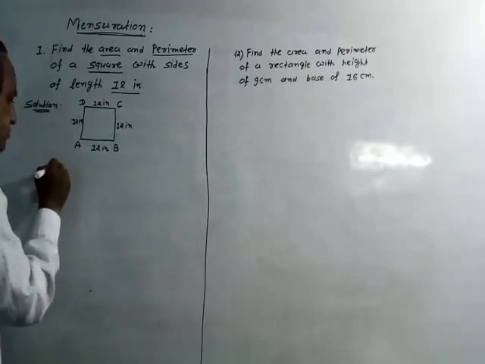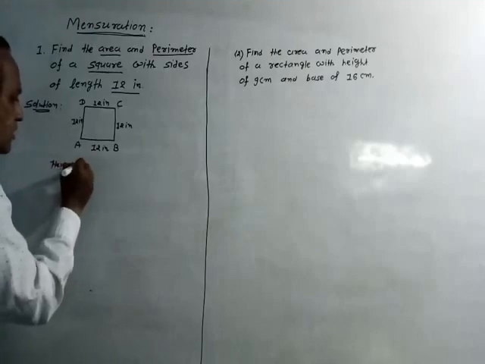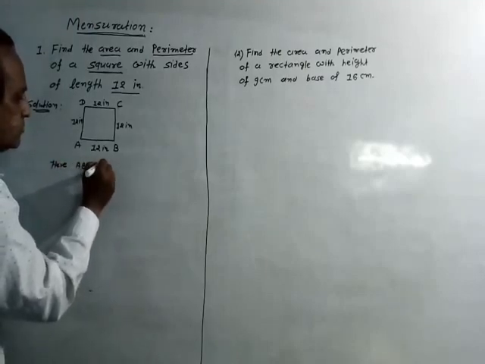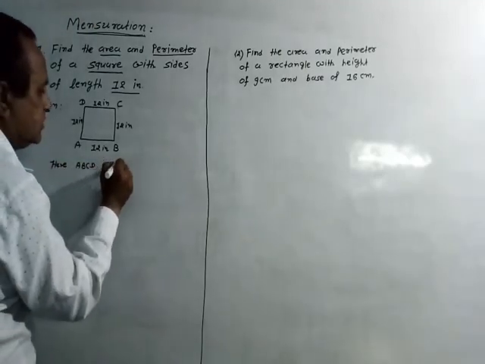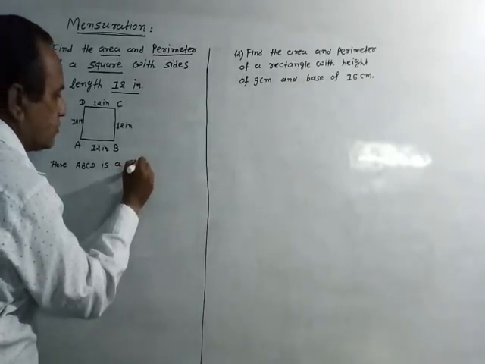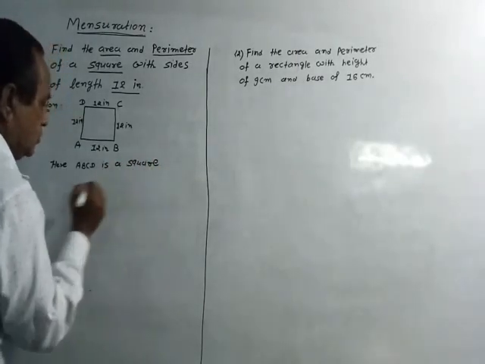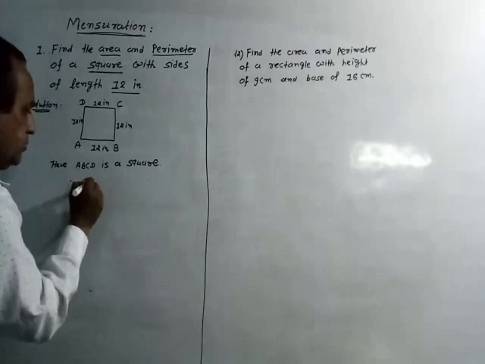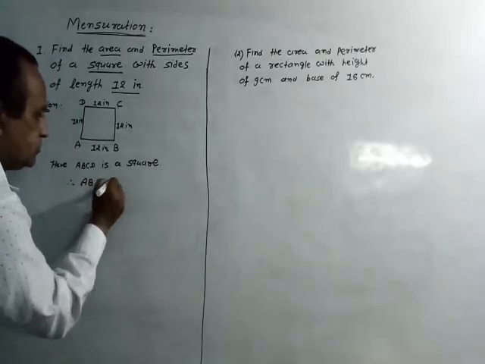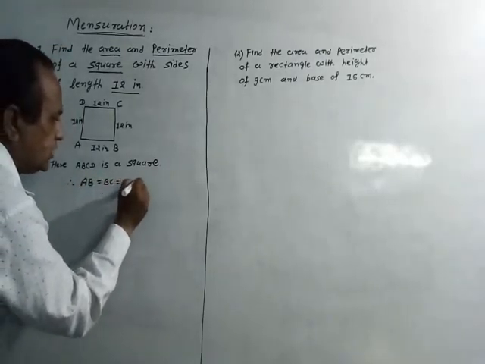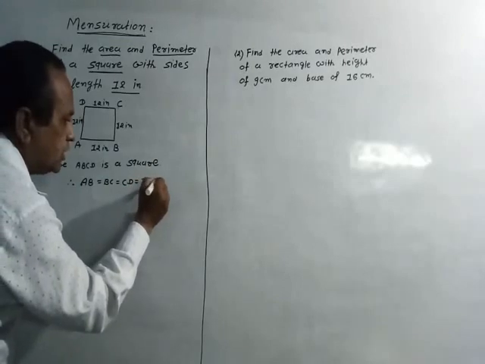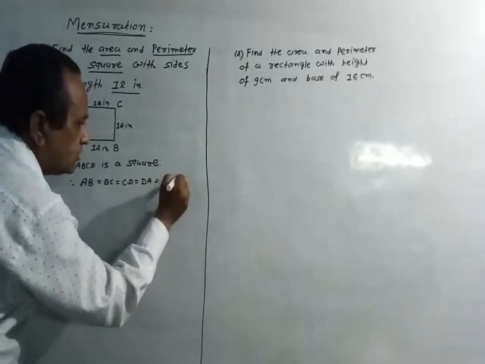ABCD is a square, so AB is equal to BC is equal to CD is equal to DA, that is 12 inch.